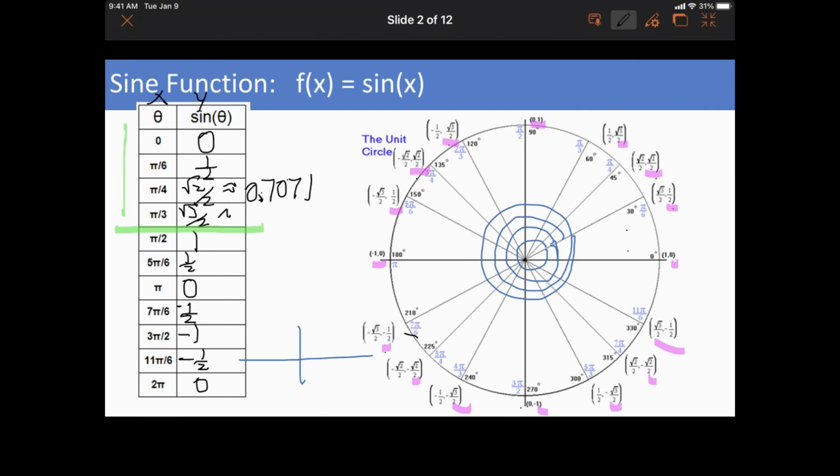And the next one turns out to be approximately, okay, I didn't write that down, root 3 divided by 2, 0.8660. Okay. So we're going to use this information. I'm going to change to the next slide, and we're going to use these same numbers and plot them.